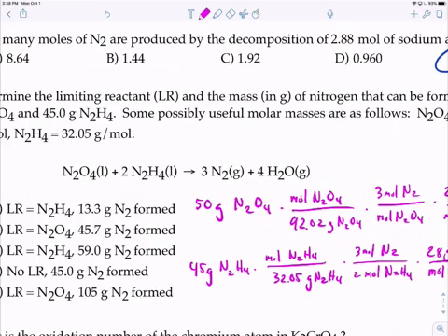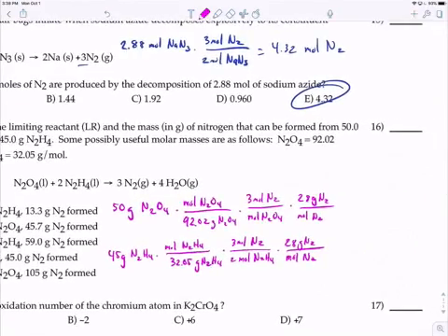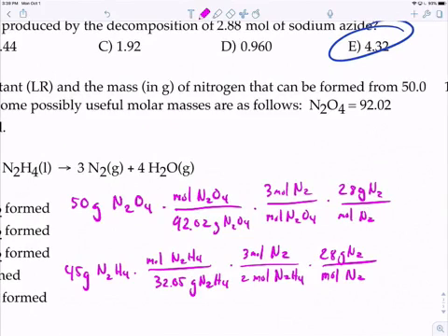I guess I call it dinitrogen tetrahydride. So you have to throw this into your calculator because I don't know what the answer is. I mean, I just did this at noon. I know the answer is the hydrazine, but that's just because I just did it.